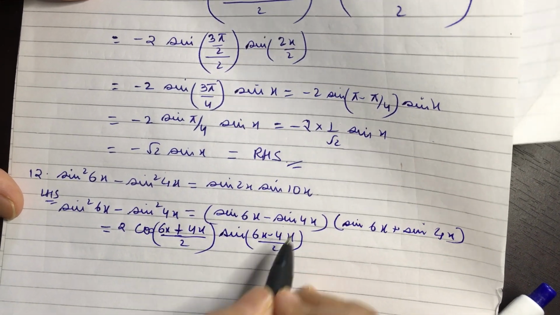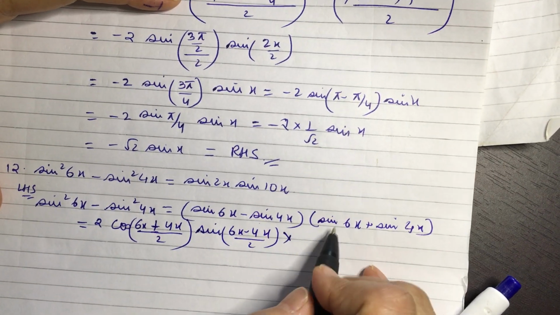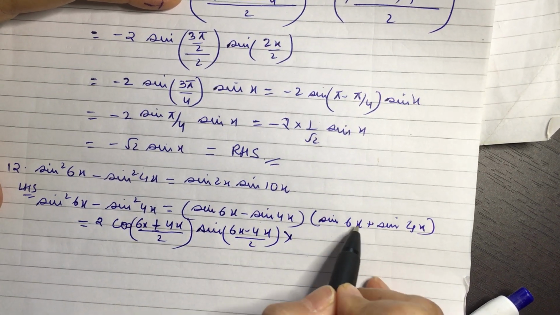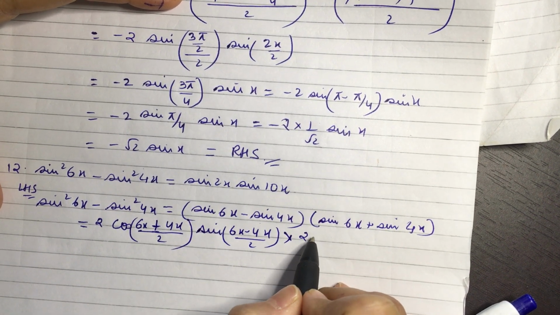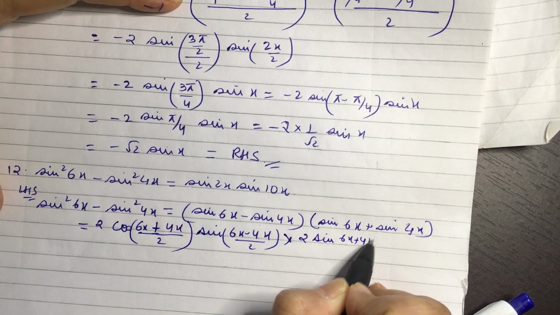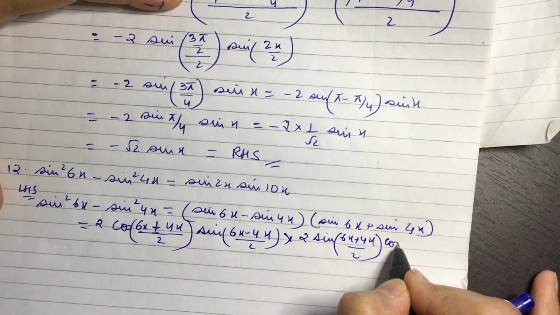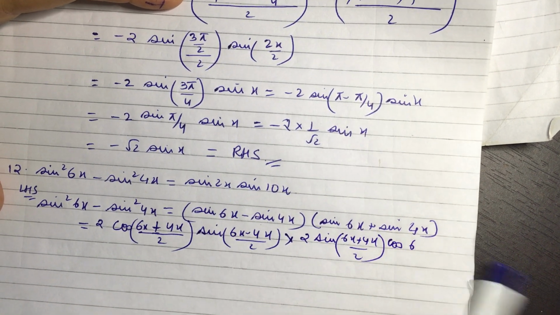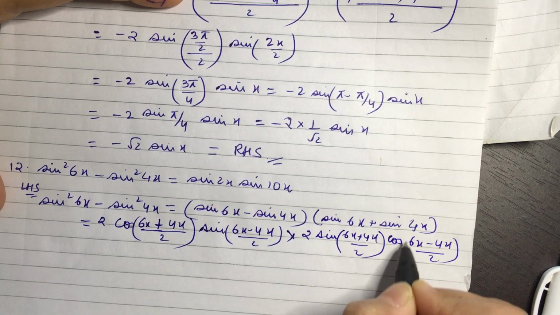Now into the result for this one, here sine something plus sine, and so 2 sine of the bigger angle, that is 6x plus 4x upon 2 into cos of the smaller angle, that is 6x minus 4x upon 2.